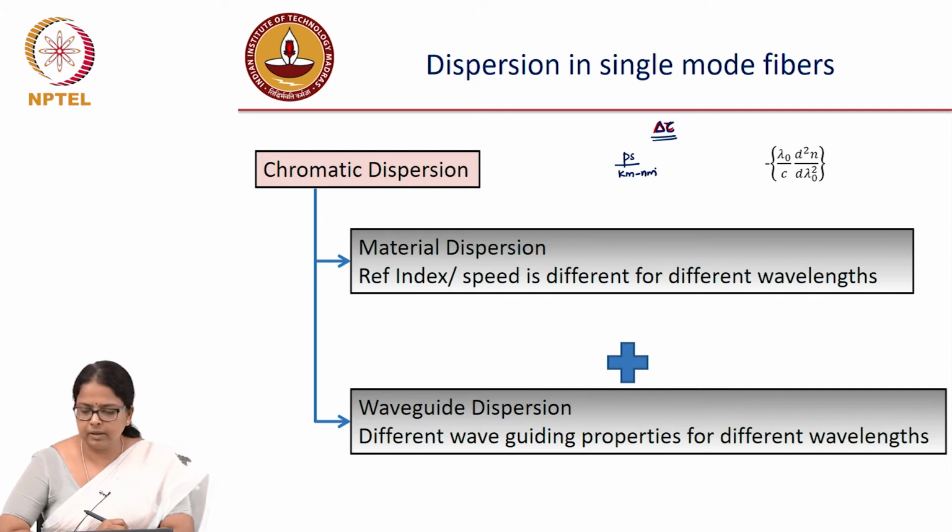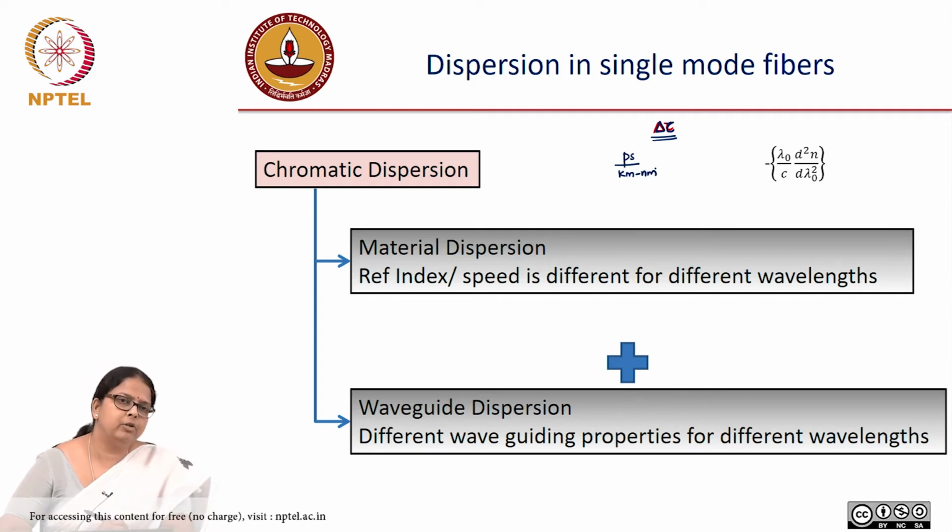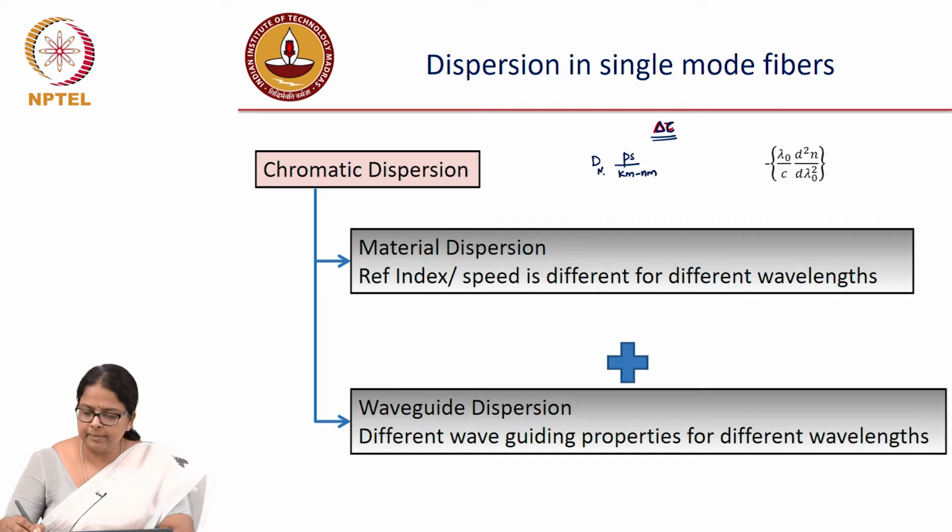This is the spread for a kilometer of fiber per nanometer of spread at the source, and that coefficient is what we call the dispersion coefficient D. D_M is the material dispersion coefficient, and we derived that it is minus lambda naught by c d square n by d lambda naught square.